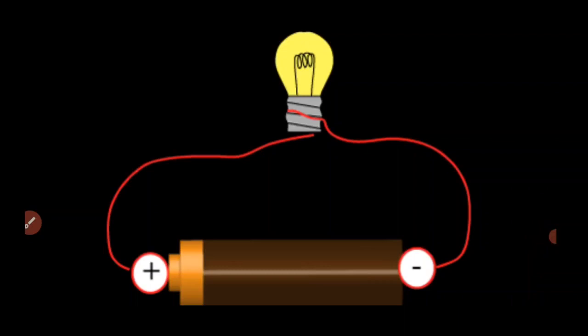What are the electrical components? Battery, bulb, wire. These are electrical components through which electrons are able to flow. This path is made using electrical wire so as to connect electric appliances to a source of electric charges, the battery.